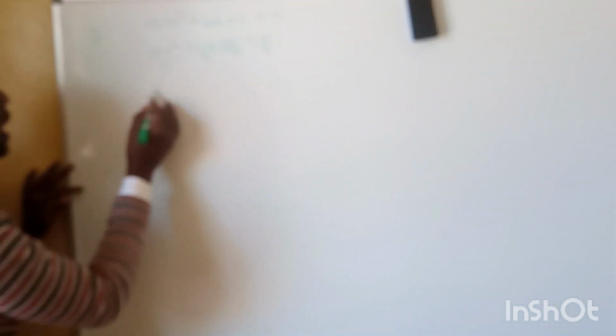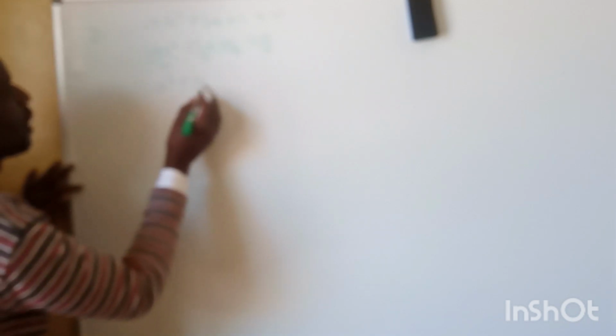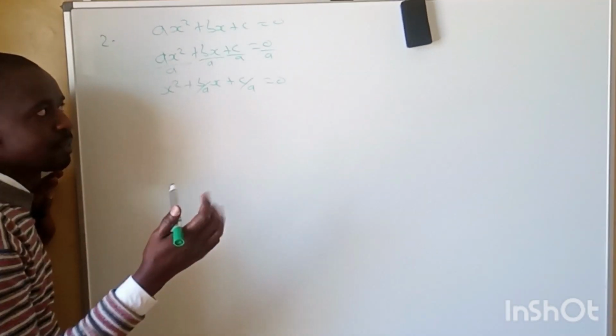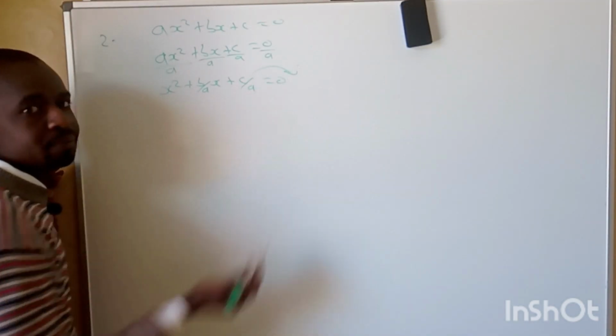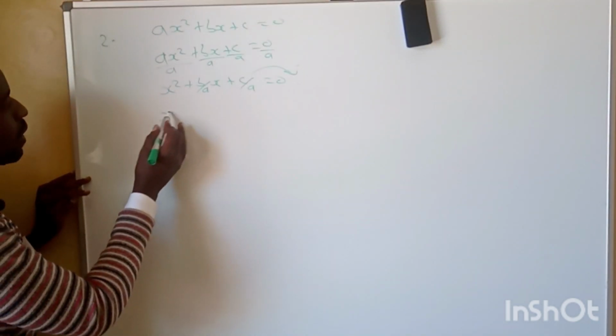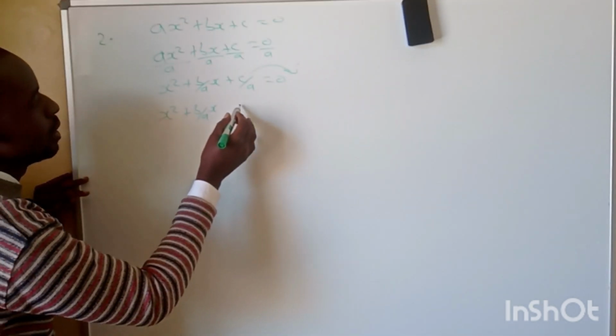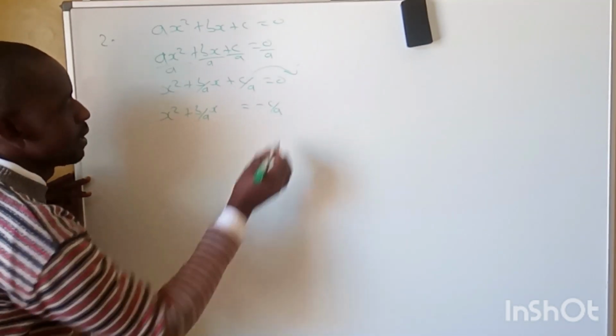So we get x squared plus b over a x plus c over a is equal to 0. Then the second step is to take the c part of it to the other side, so that you have x squared plus b over a x is equal to negative c over a.